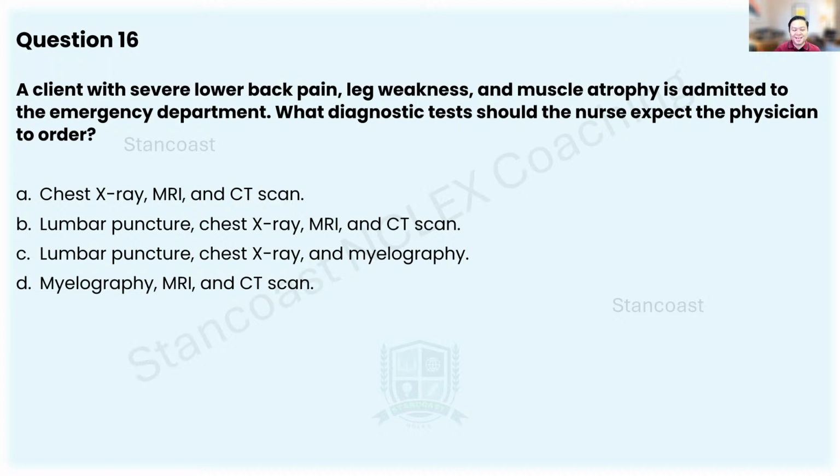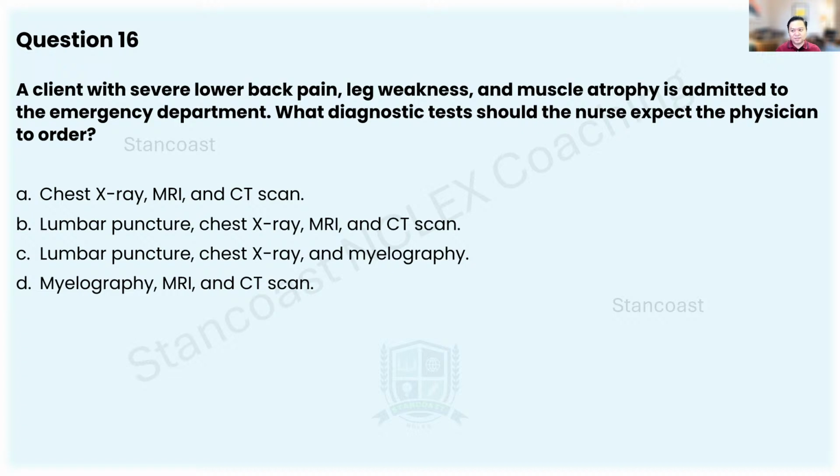Is it A, chest x-ray, MRI, CAT scan? Or is it B, lumbar puncture, chest x-ray, MRI, CAT scan? Or is it C, lumbar puncture, chest x-ray, myelography? Or D, myelography, MRI, and CAT scan?